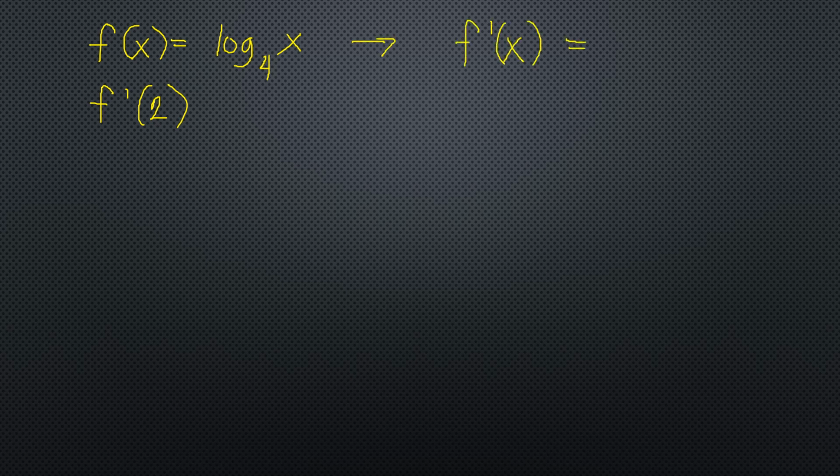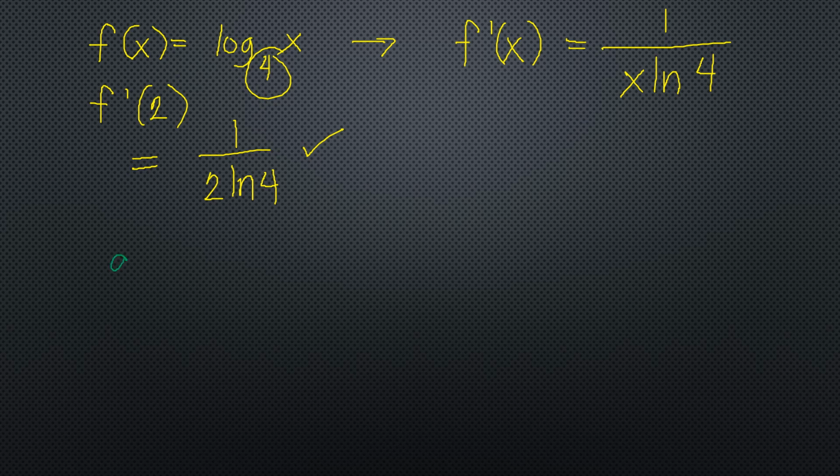Now use the rule of logarithm, and that will be 1 over x times ln of the base, and the base here is 4, so ln of 4. Now after getting the derivative of that, you're ready for the substitution. So substitute x, let it be 2, so we have 1 over 2 ln of 4. So this is your exact answer.